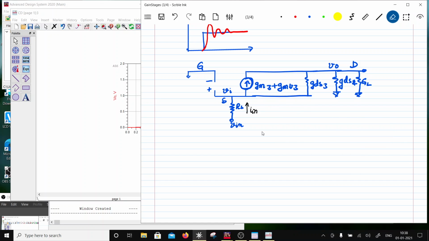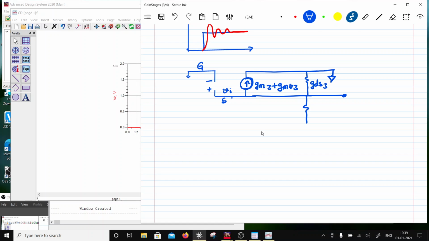Now one thing more to notice here is this is common drain, so this is ground, and you have this as output. So here again, instead of RS, let me just remove this also.